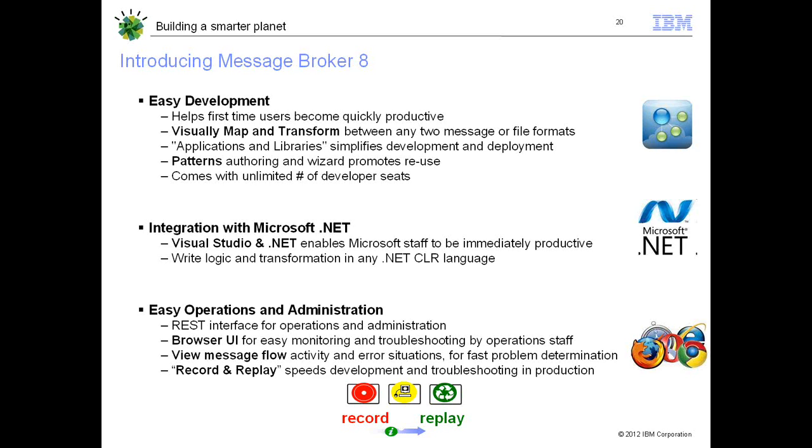Then there is the improved graphical mapping. The mapping node, or the mapper, allows you to generate the output message by using some of the elements available in the input message, and you can also interact with the database.